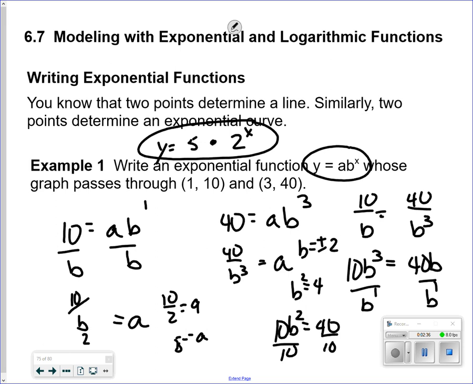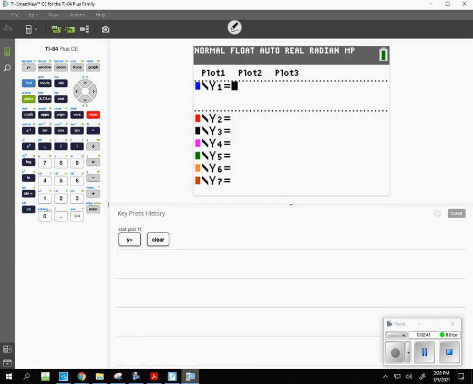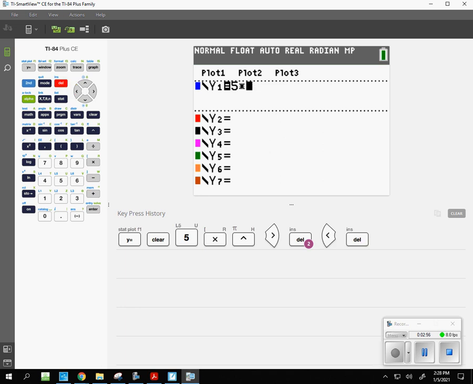Now let's actually try this out. Let's go to a graphing calculator. I'm sorry, earlier I didn't tell you that. 5 times 2 raised to the x power.